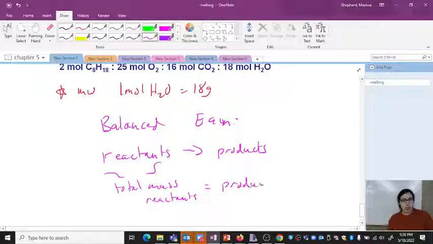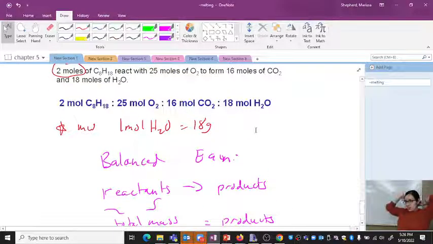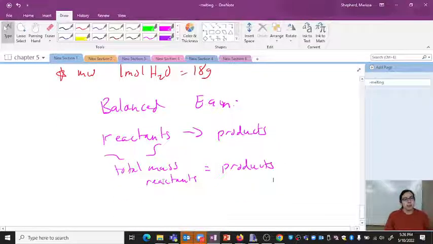And again, that makes sense. So if we were to quantify all our products, sometimes it can be difficult to quantify. For example, in our combustion reaction, if you're forming a gas, that could be difficult to measure. But if you could measure the total mass of everything, it would be the same.